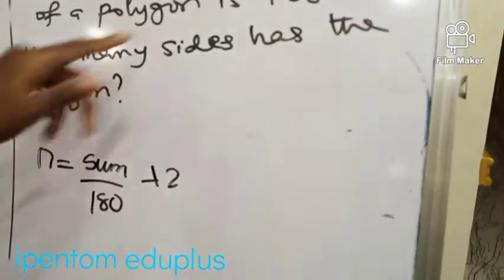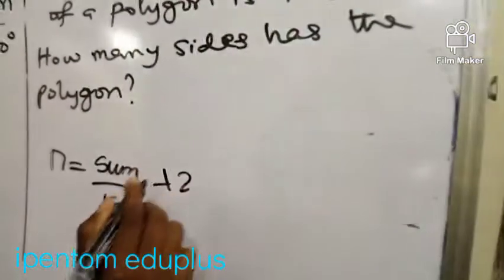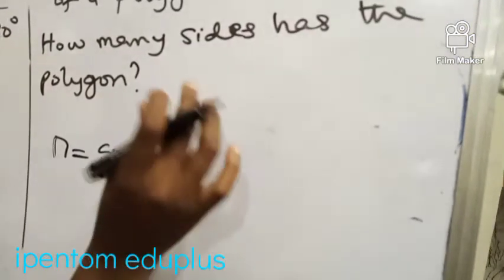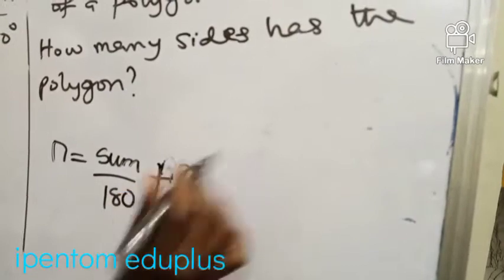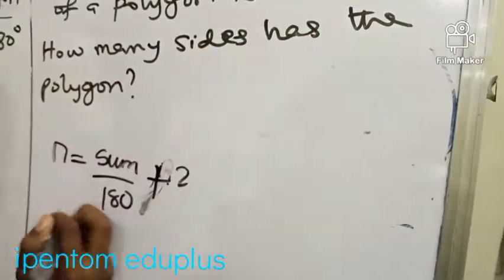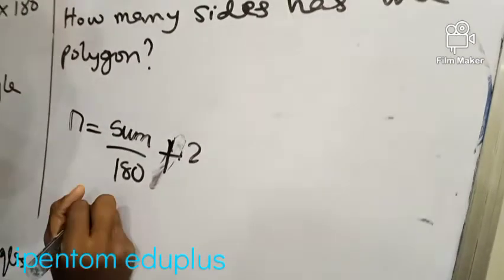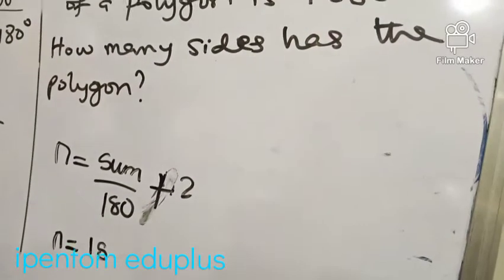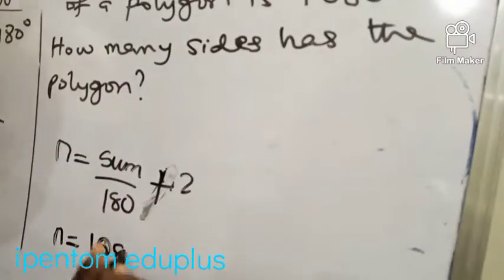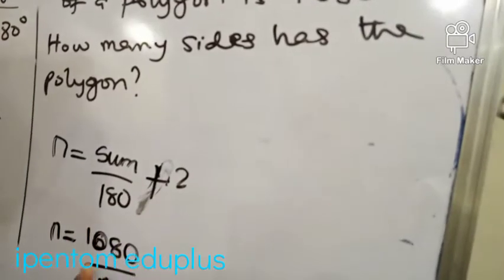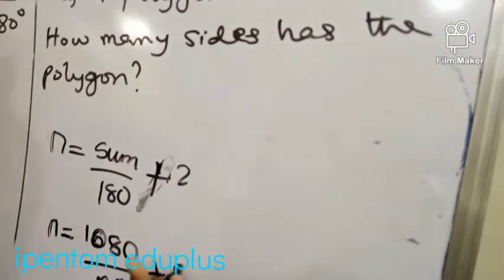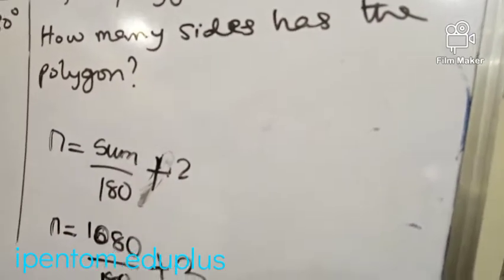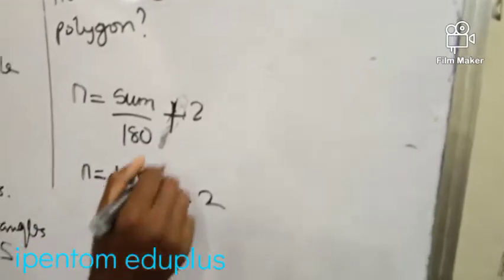The sum is equal to 1080. So n is equal to 1080 over 180, plus 2.